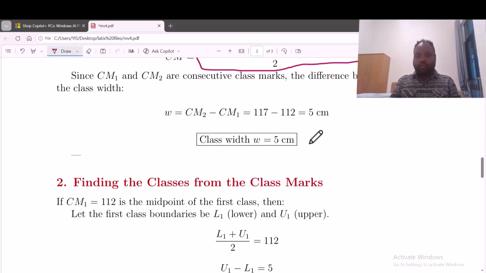So this 5 is obtained as the difference of the two class marks.